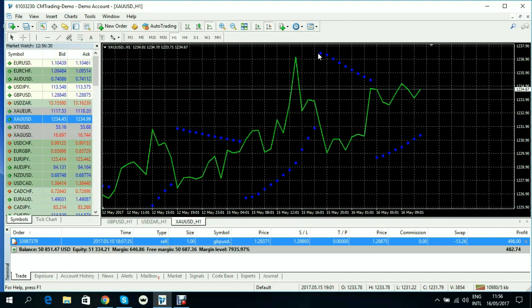The dots or points on the chart indicate potential reversals in the price movement of a particular currency pair or any other tradable instrument, be it commodity, be it indexes, be it futures, any tradable instrument.